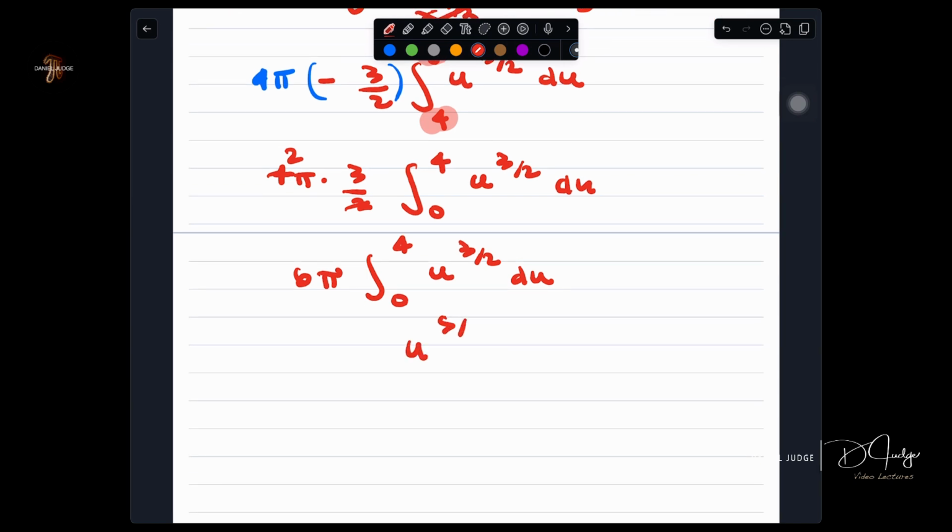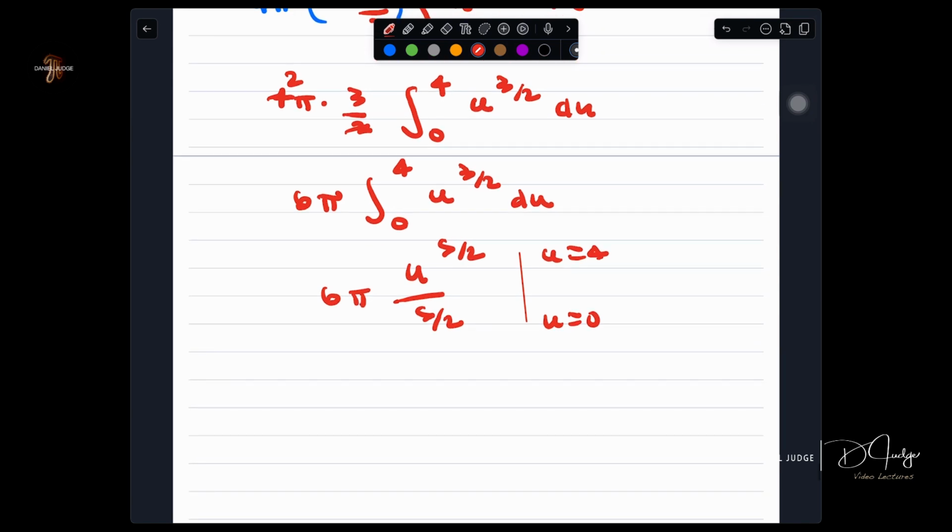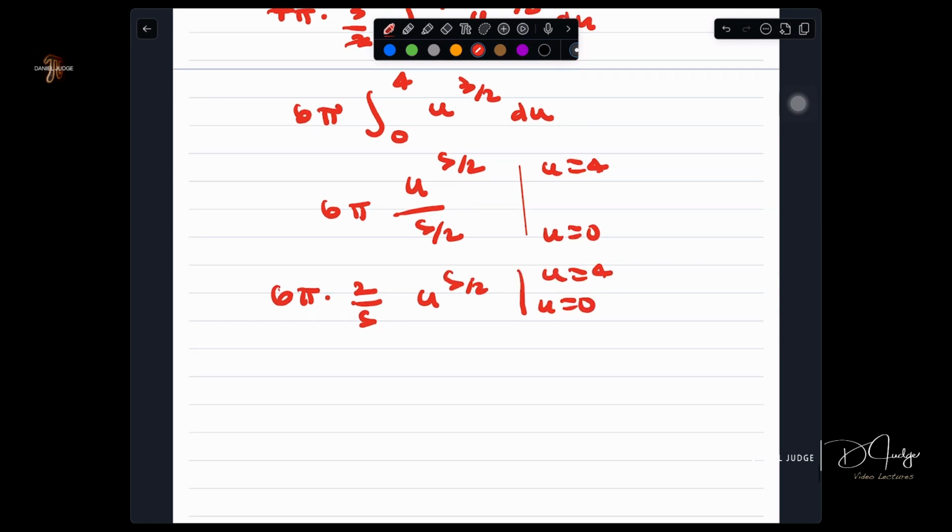And now let's integrate. u to the 5/2 over 5/2, u is 0, u is 4, 6 pi. So we get 6 pi times 2/5, u to the 5/2, u is 0, u is 4. So we get 12 pi over 5 now.